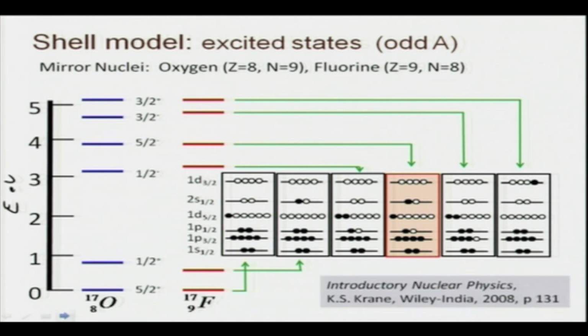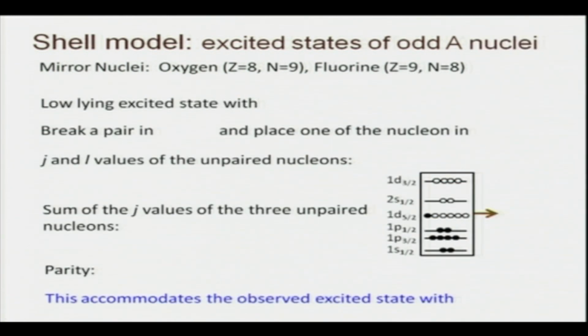Incidentally, this particular case of oxygen and fluorine is very beautifully discussed in Introductory Nuclear Physics by Kenneth Krane. So, you can read that for more details. In fact, he discusses it in much further detail, giving other examples as well. But now, let us focus on this particular problem of the single particle shell model.